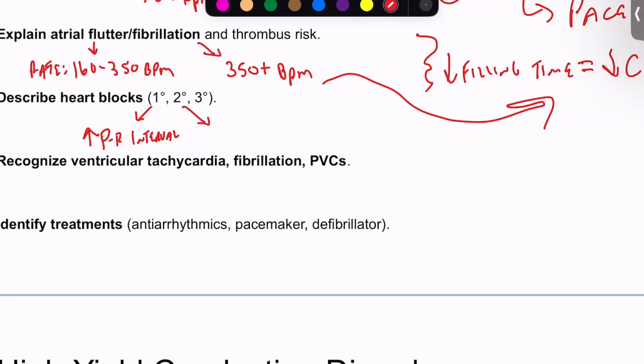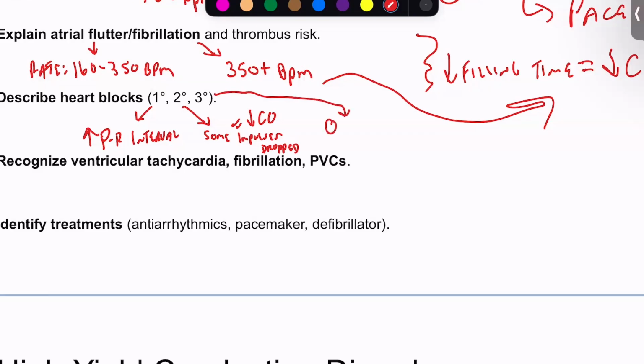The second one we have is where some impulses are dropped. If we have these missed ventricular beats, that's going to eventually lead to decreased cardiac output. And then lastly, third degree, this is as bad as it gets. This is complete blockage.